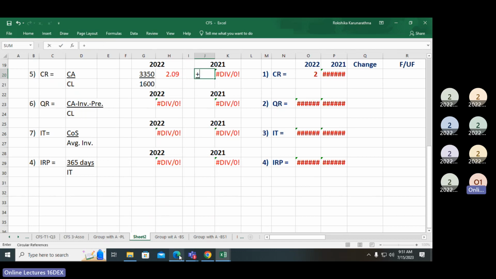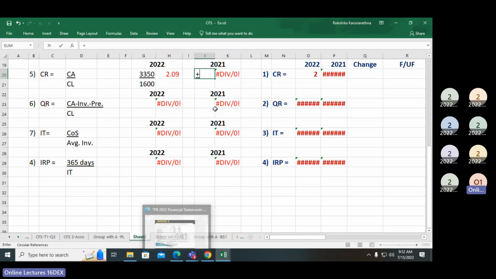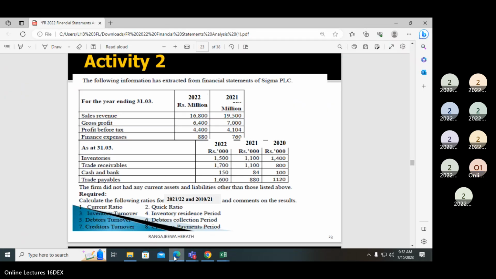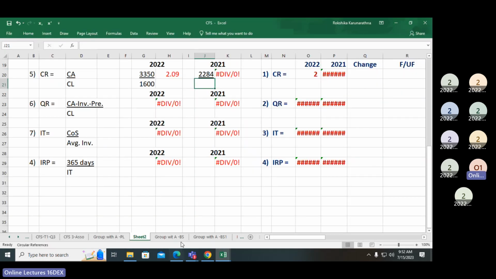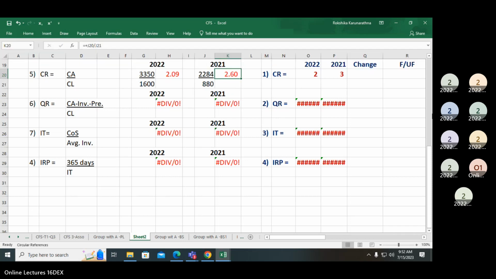Last year, 1,100, 1,184, divide by trade payable 880. 2.6.